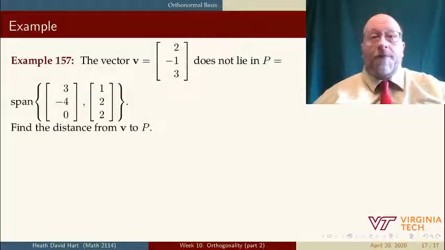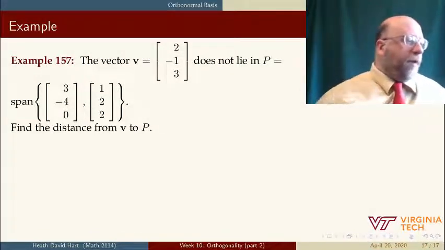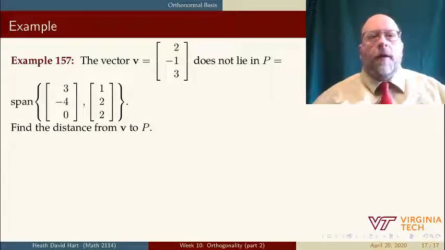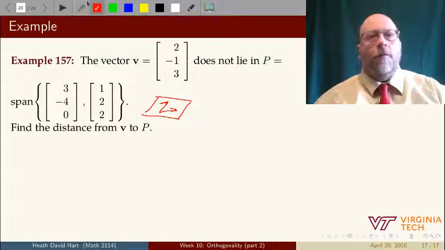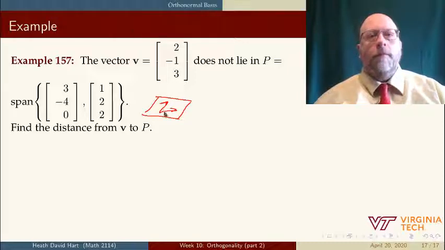This is a different type of question. Let's take a look at this one. These two vectors generate a plane. And this vector does not lie in that plane. So V is somewhere up here.